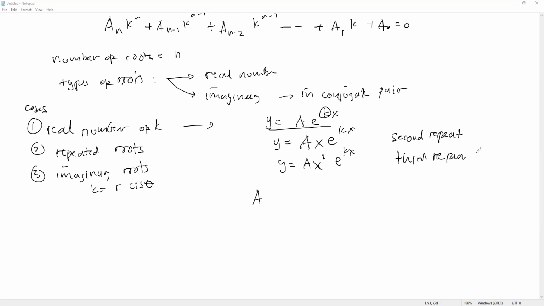If it is r cis theta, they come in pairs, right?